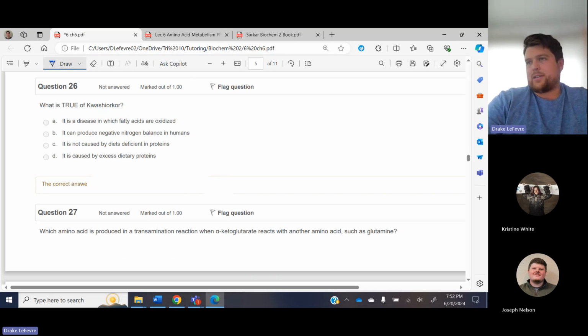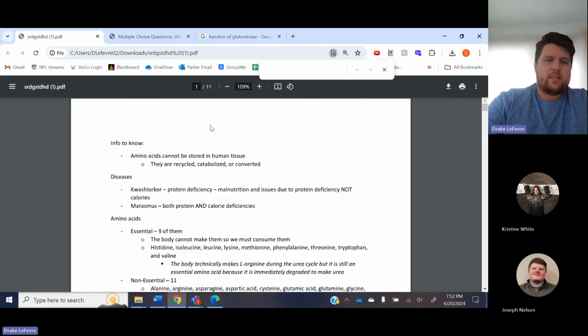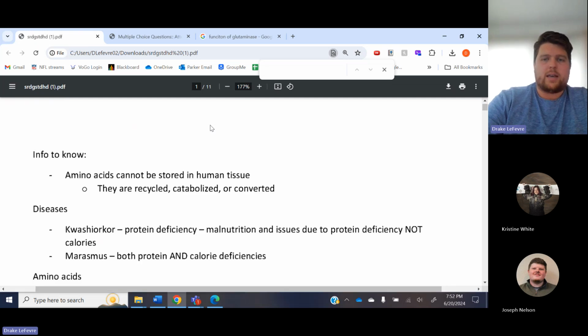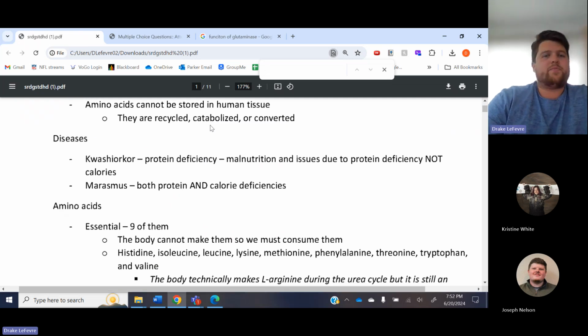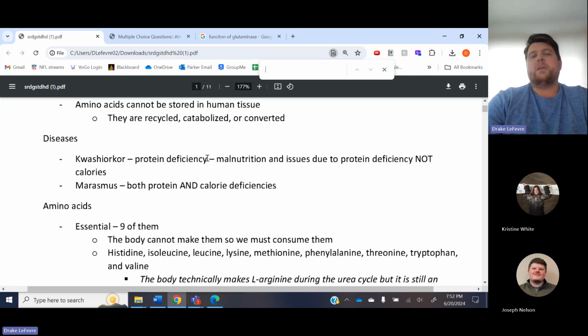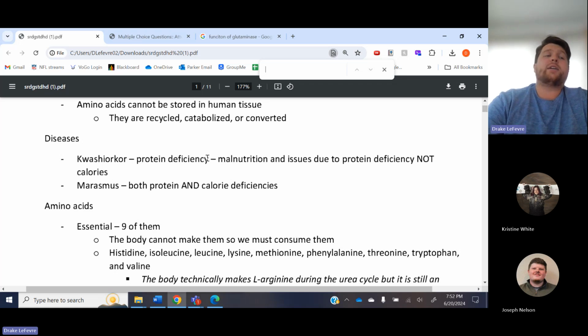Okay, kwashiorkor. This is another one. I'm going to take a second to run through both kwashiorkor and the other one because these are always on tests. These were on my board exams, and these come up in many classes. So kwashiorkor is a protein deficiency, meaning that you're not consuming enough foods with the essential amino acids that we need to survive.